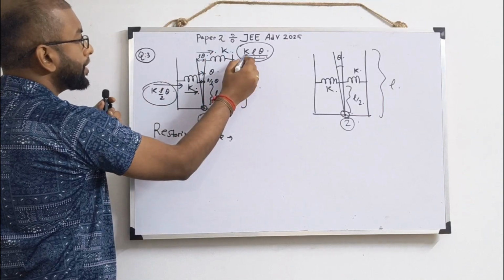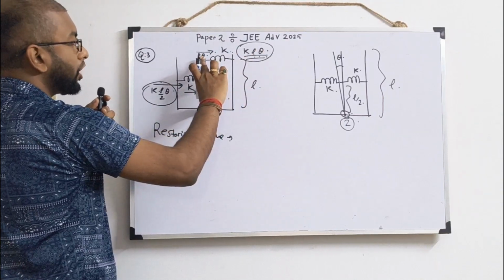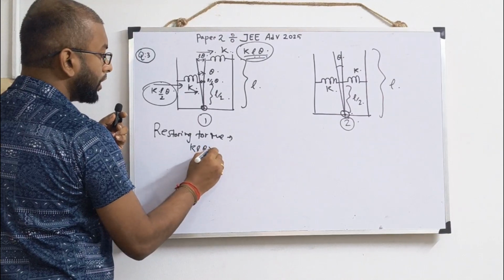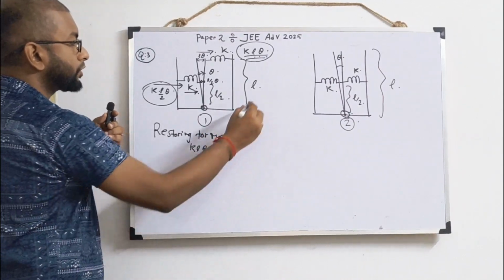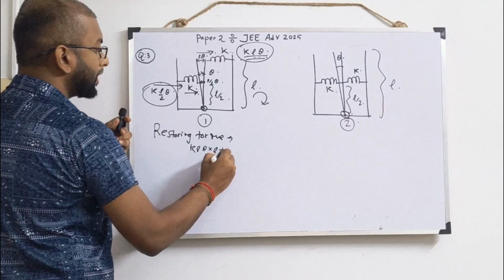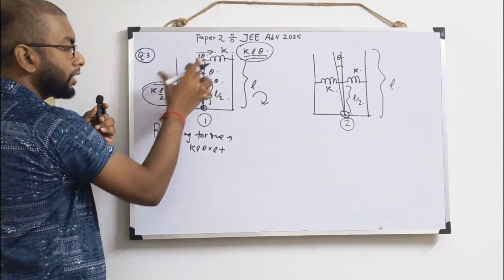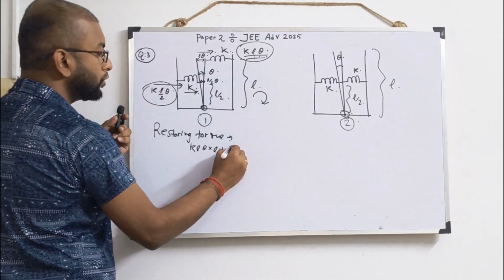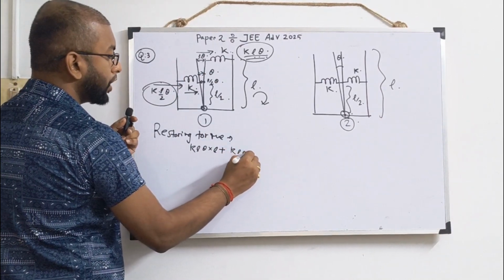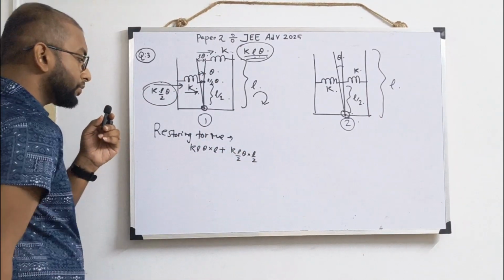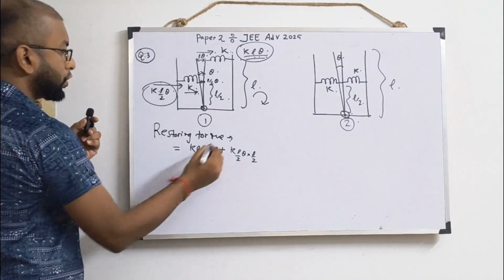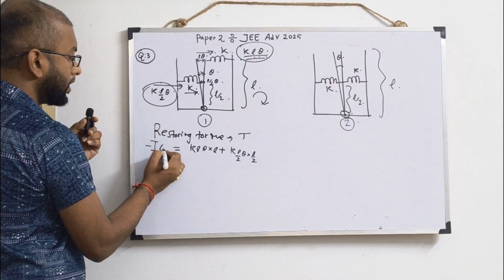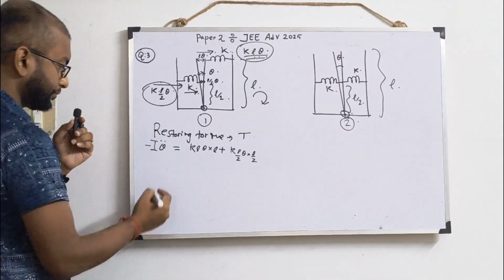So the restoring torque is KL theta into the distance of the force, that is L. So KL theta into L, of course clockwise, plus this force will also create clockwise torque, that is KL by 2 into theta into the distance, that is L by 2. So KL by 2 theta into L by 2, and that is the restoring torque T, and T I can write as minus I theta double dot.